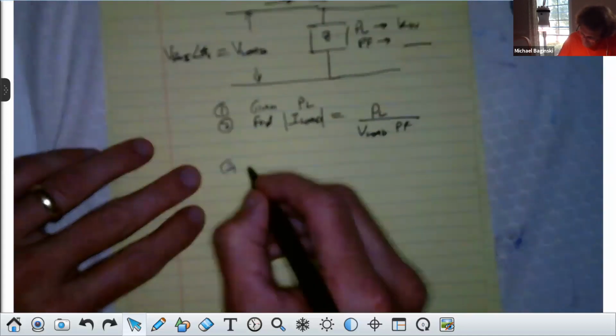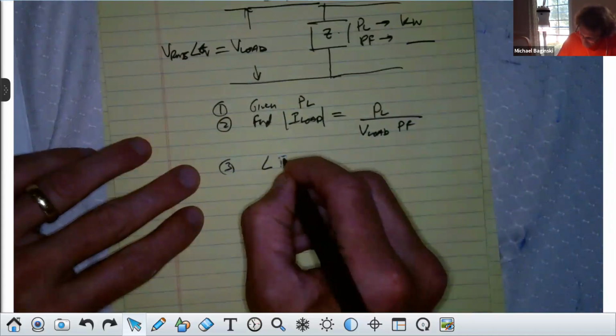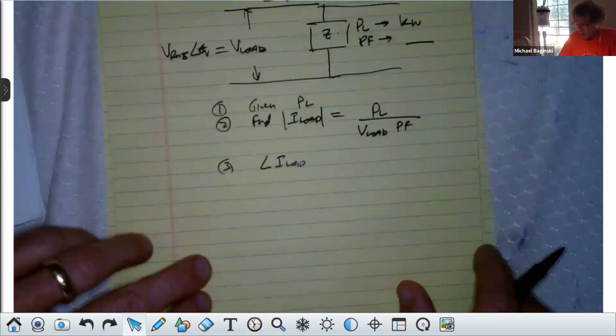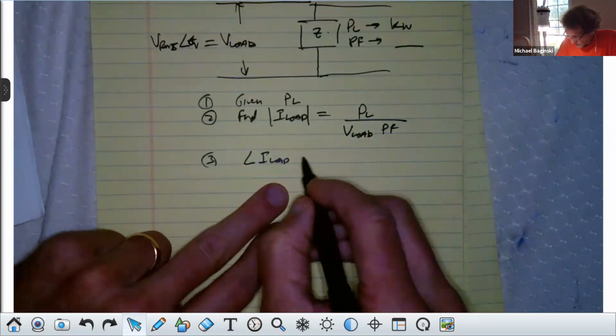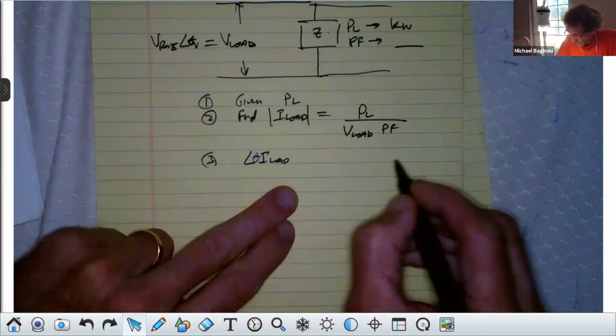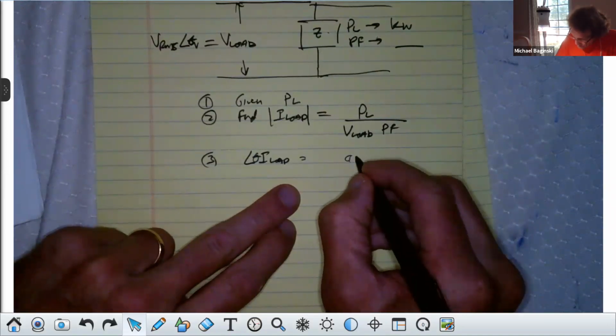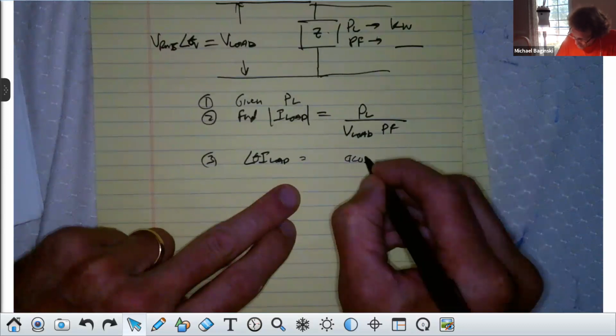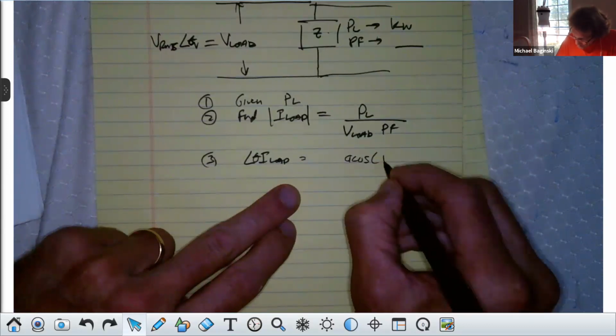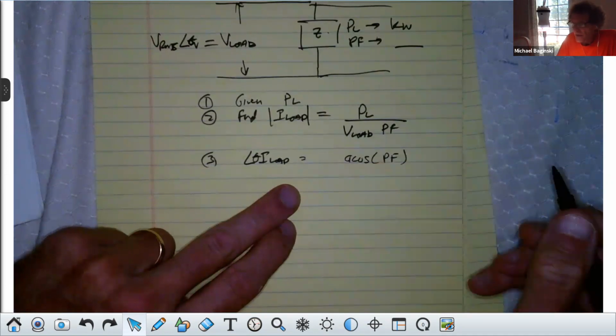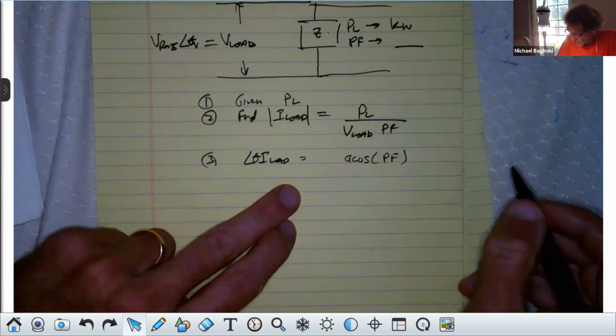Third thing, you find the angle of the current I load. And that angle, I'll call it theta I load, will be equal to the inverse cosine of the actual power factor. Now that's usually in radians. I would recommend you put it in degrees.